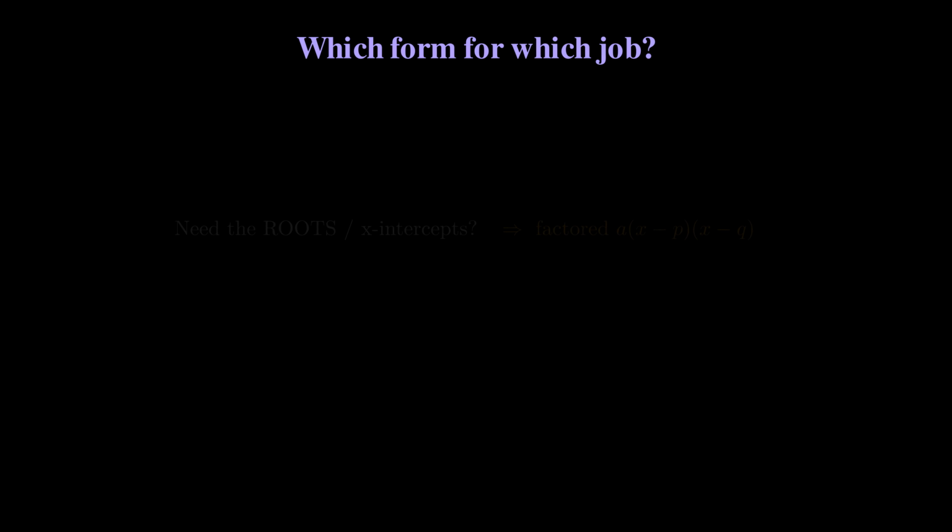So before any calculation, ask one question. What does this problem actually want? That tells you which form to reach for. If it asks for the roots or the x-intercepts, get it into factored form. The roots are p and q, sitting right there.